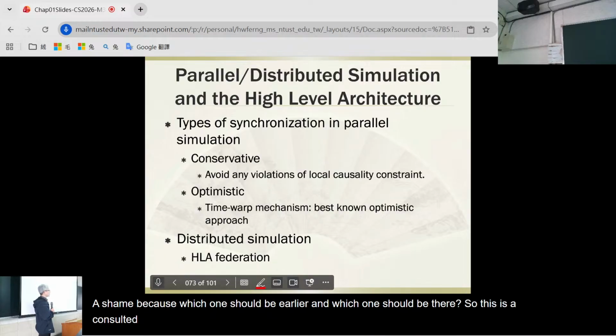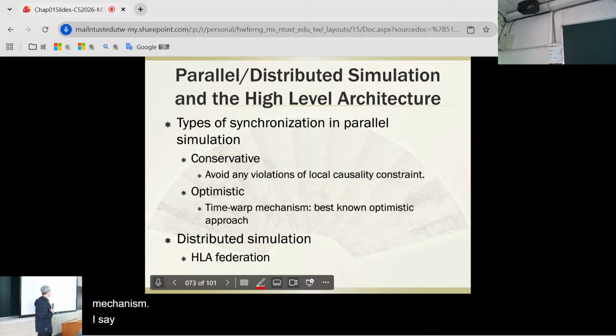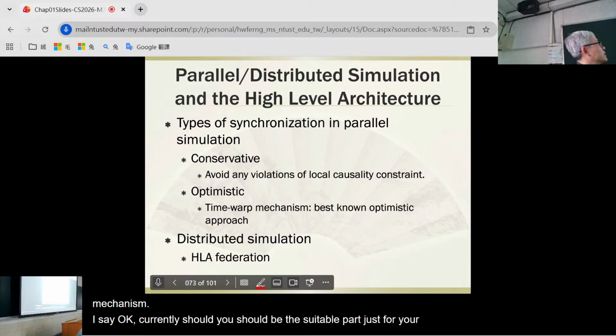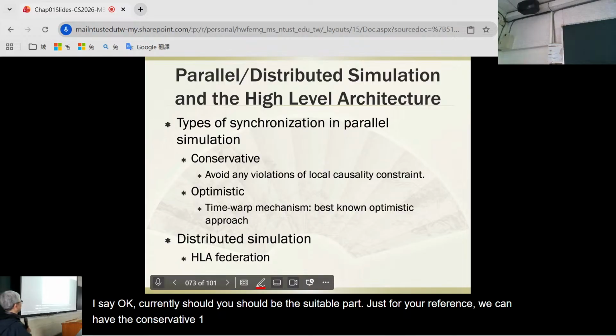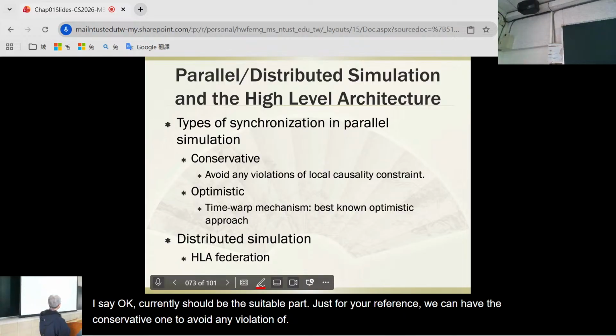And the next one is called the optimistic approach, using the time warp mechanism. It says, okay, currently this should be suitable. But just for your reference, we can have the conservative approach to avoid any violation of the causality constraint.